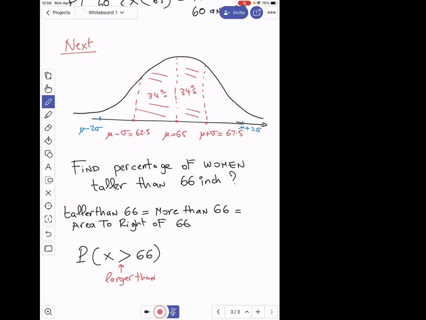Of course, it's going to be somewhere between 65 and 67.5. So let's say this is my 66 inches. Now, I need to find the area to the right of 66, so that'll be this area right here.